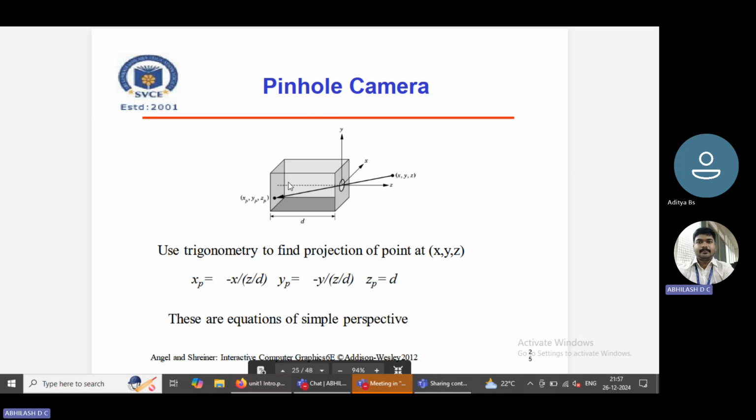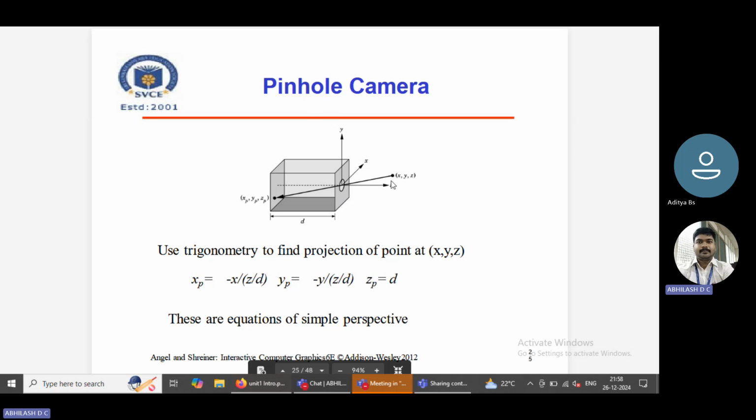We have the center over here. The center axis is the z axis, this is the y axis, and perpendicular to the z axis and y axis we have the x axis. On the top we have the y axis, on the right we have the z axis.